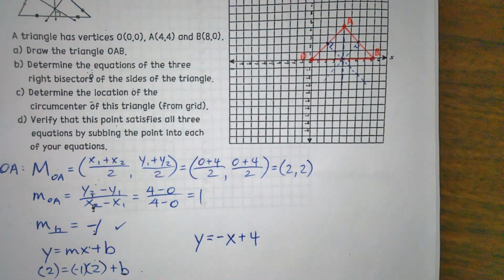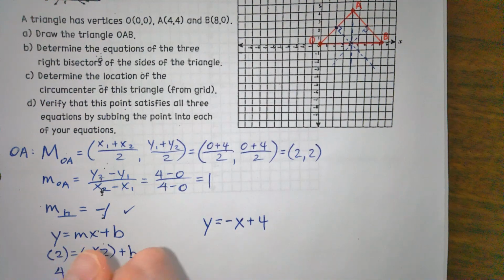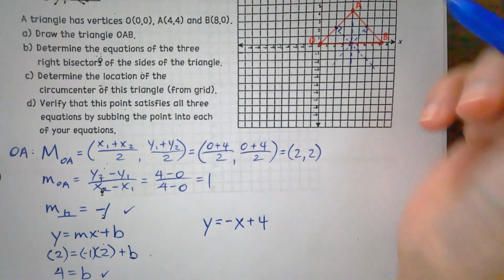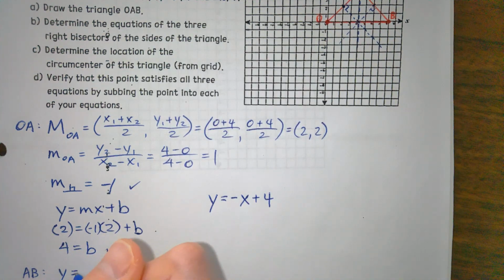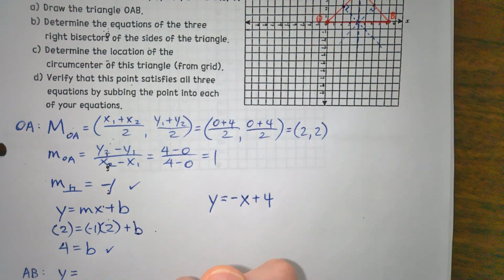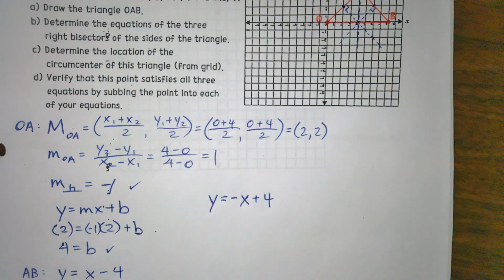Yeah, it's the exact same thing. So AB, the perpendicular bisector here, the equation is y equals x minus 4, right?